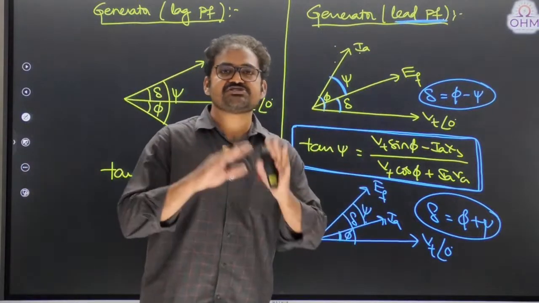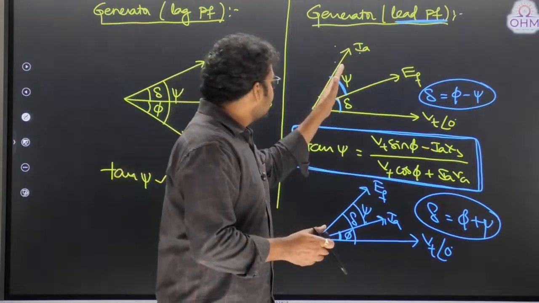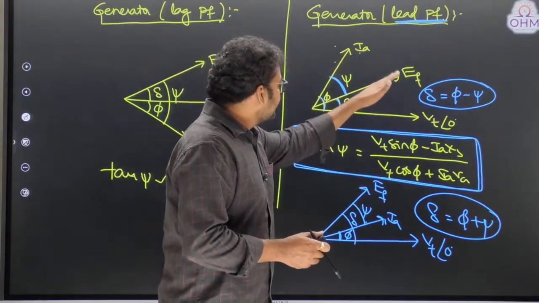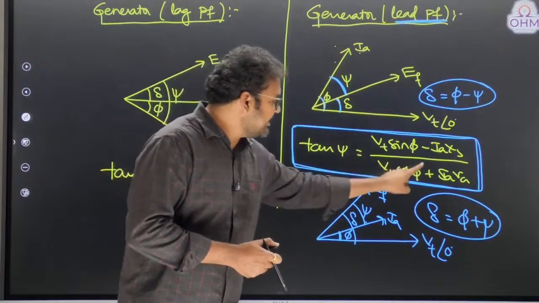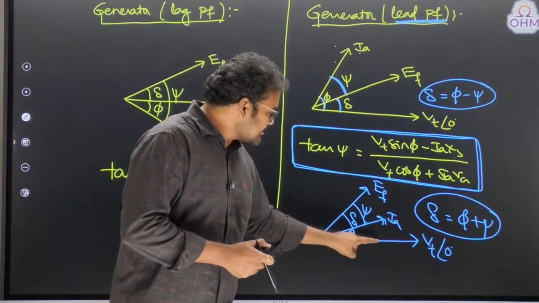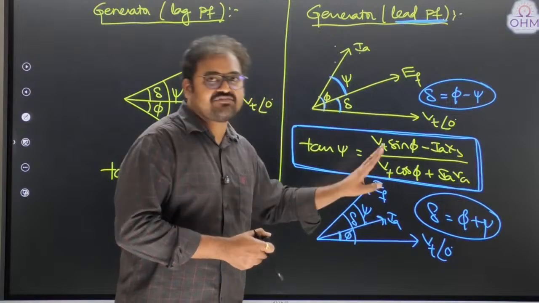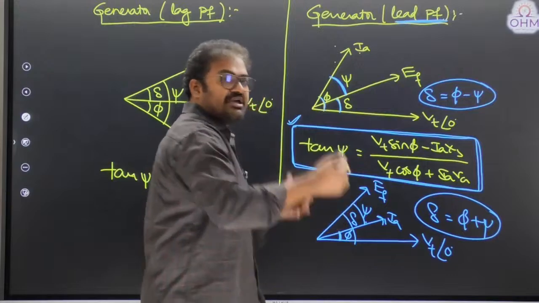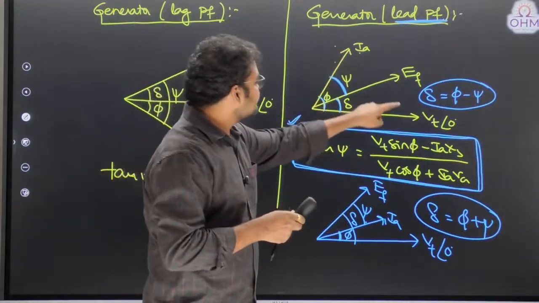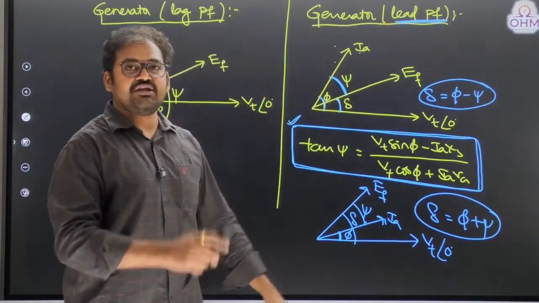If psi turns out to be positive, that means the armature current was leading the terminal voltage as well as the induced EMF. If psi turns out to be negative, that means the armature current was leading VT but lagging EF. But remember, this formula was derived by assuming that the armature current was leading both EMFs by a finite angle.